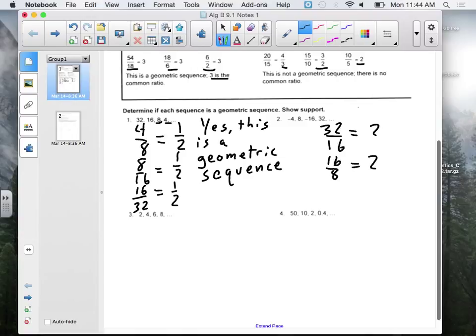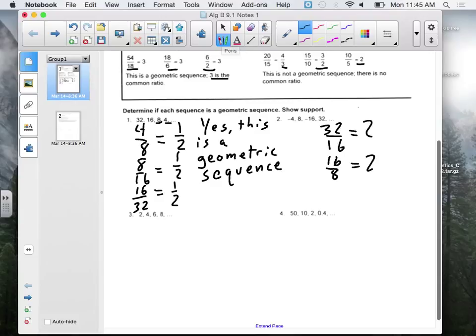So, what Brighton just found is what we're multiplying to go this way. No, we're not, because 8 times 2 is not 4. Okay, what happens is when you do it that way, it better work as the multiplier to move from left to right. Is 32, the first term, times 2 the second term, 16?